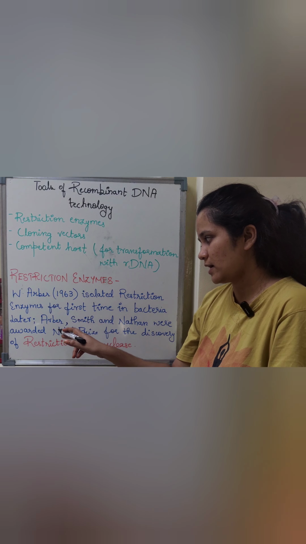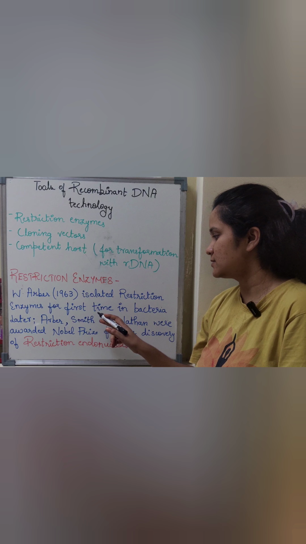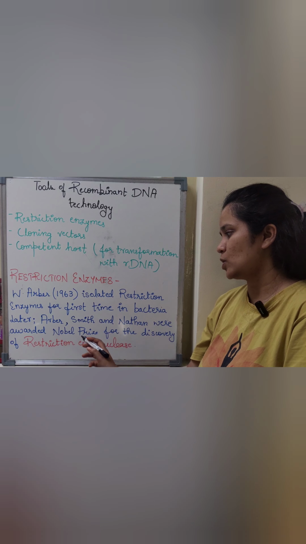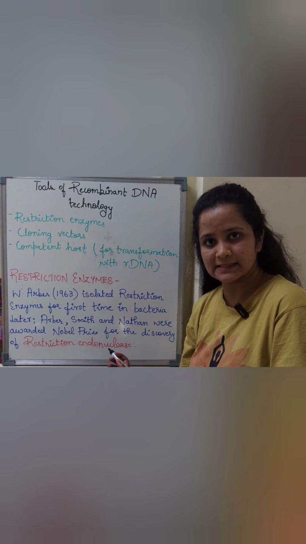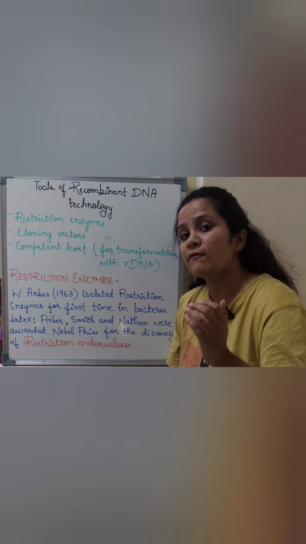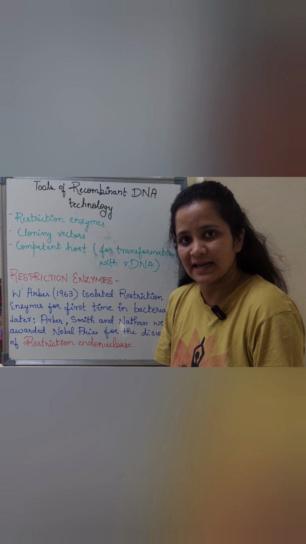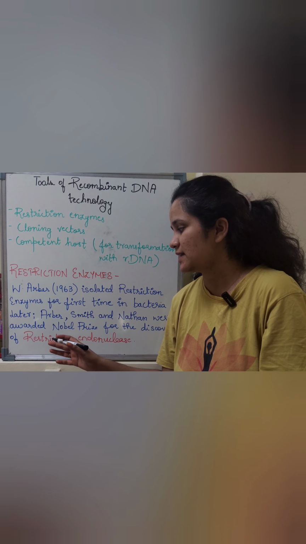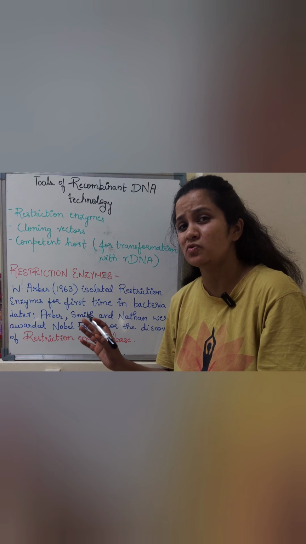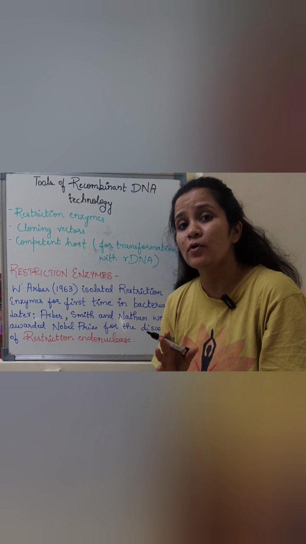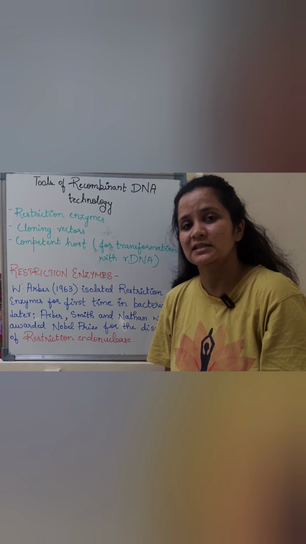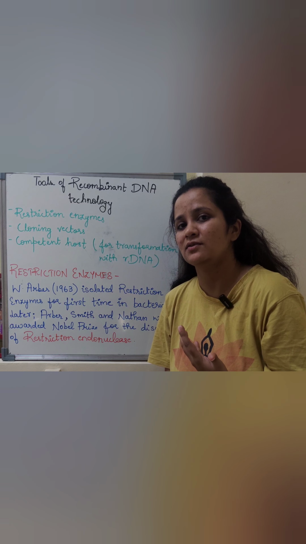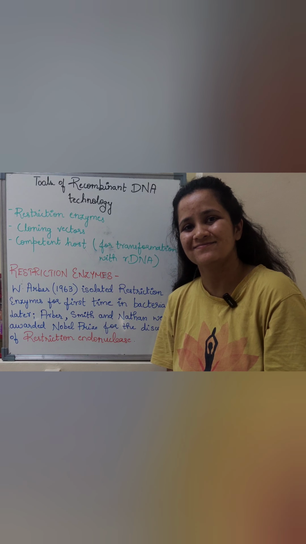Later, W. Arber along with two other scientists, Smith and Nathans, were awarded the Nobel Prize for the discovery of restriction endonuclease. Endonuclease is one type of restriction enzyme. The discovery of this enzyme restriction endonuclease was one of the very important steps in recombinant DNA technology. This led to the successful invention of so many things.